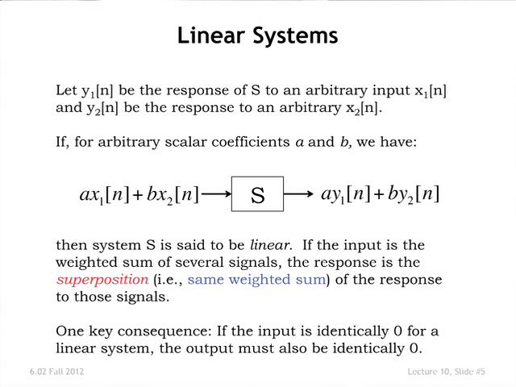So if you've got the results of two experiments, the input in one experiment and the output, the input in a second experiment and the output, and then you take a new experiment in which the input is a linear combination of the previous two, the response will be the same linear combination of the previous two responses. Okay, so that's the basic idea here. So linearity means that superposition works, and so this is another feature that we'll use.